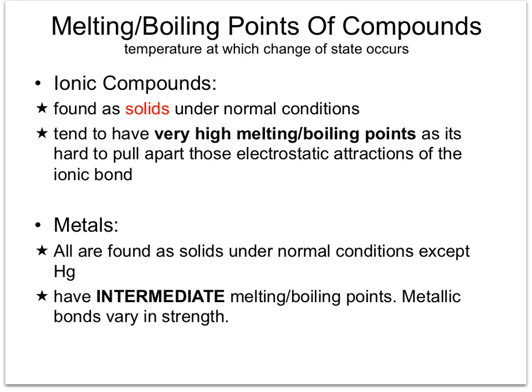For metals, they're usually found as solids under normal conditions. The only exception would be mercury. And we've determined that they have intermediate melting and boiling points. Because their bond strength varies significantly, it's sometimes hard to compare melting and boiling points of metals to ionic compounds, but we're going to put that in an intermediate position here.